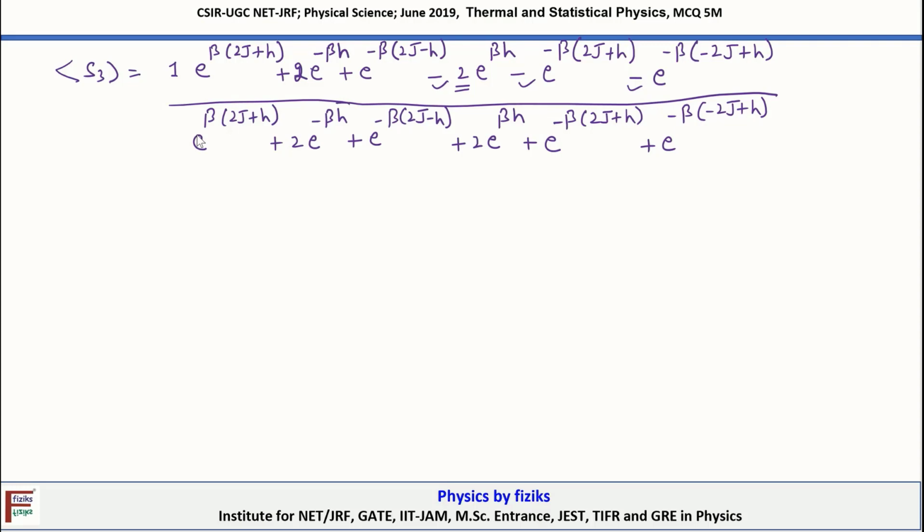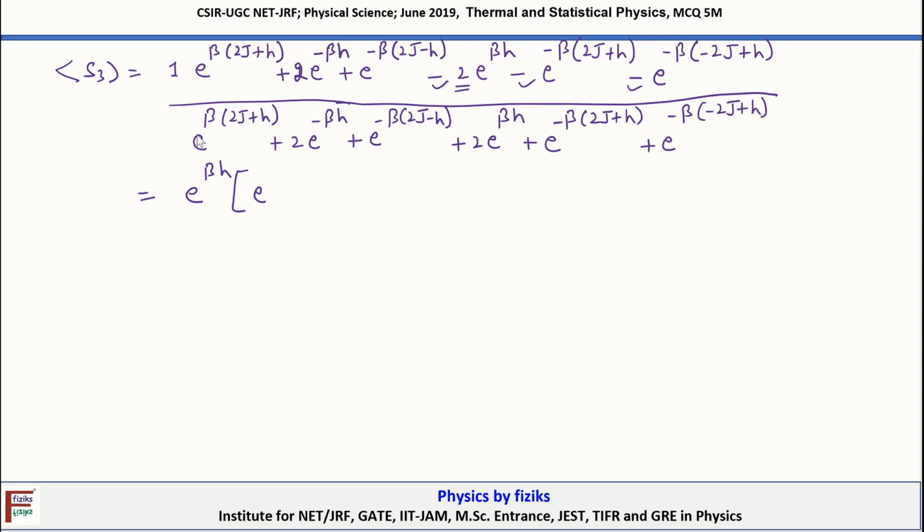Now after writing this expression, we have to simply adjust all of these terms so that we arrive at a simple result here. So this can be rewritten as exponential beta H multiplied by exponential, so we are taking the exponential beta H term common from all the terms in the numerator.